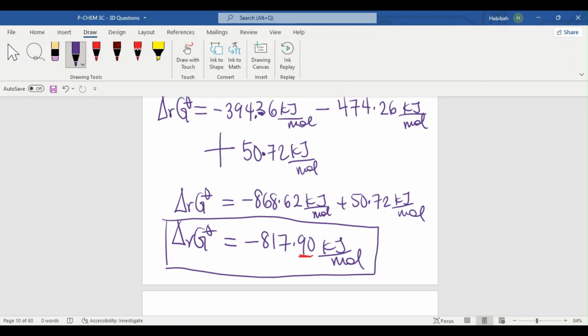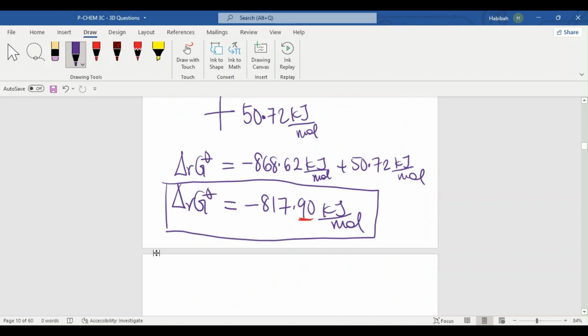I know that there are other students in engineering and physics that may be doing it. So maybe it's a difference in the course of study that you're doing where you're required to use absolute values. But for this question, I'm just going to give the pure value, which is basically negative 817.90. Make sure you ask your teacher for more understanding. So like I said, make sure you ask your professor.